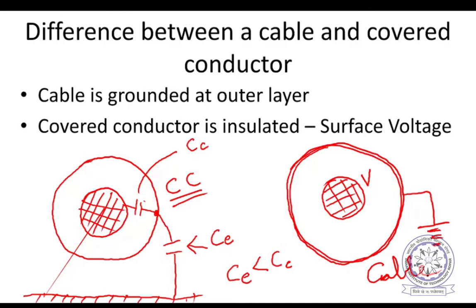If capacitance is like this, then the capacitive impedances XE is greater than XC, because 1 by j omega C is the impedance, right? It's the capacitive reactance or impedance. So XE will be greater than XC. So in that case, what will happen? Where the potential will be more, the potential drop will be more in the air.